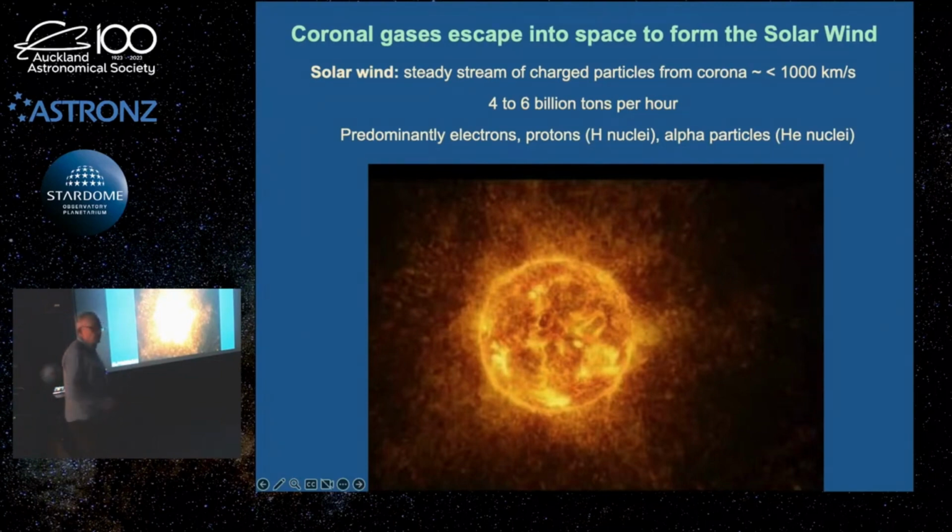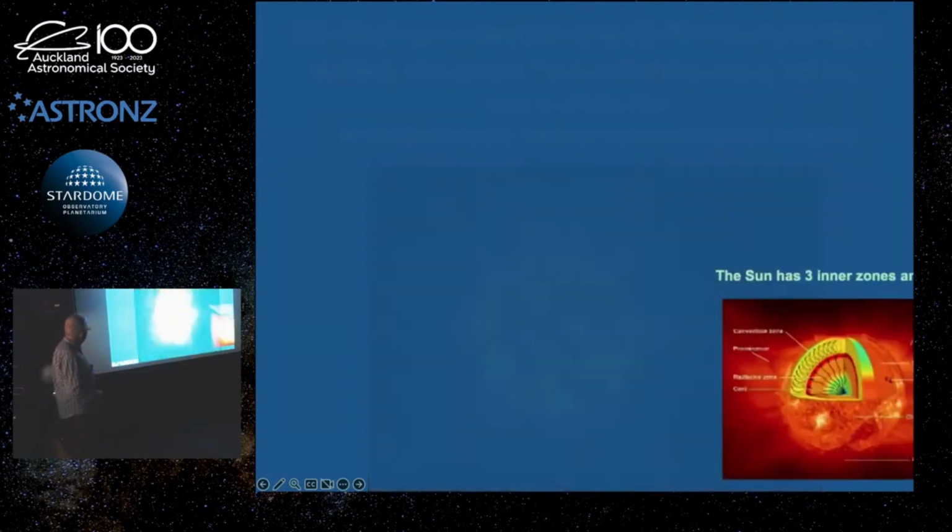And that forms what we call the solar wind. It's just a steady stream of charged particles from the corona, usually in the hundreds of kilometres per second. 4 to 6 billion tonnes per hour, just constantly coming out of the sun, spreading out in all directions. And it's predominantly electrons and protons and alpha particles, which are also the nuclei of helium atoms. So that's the solar wind.